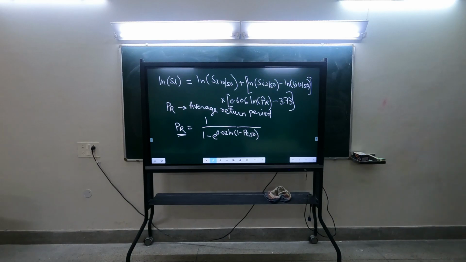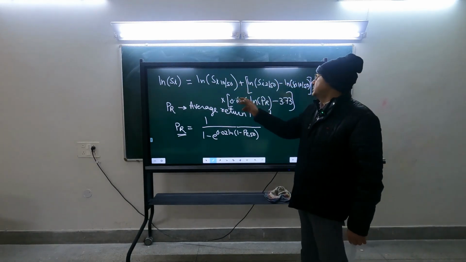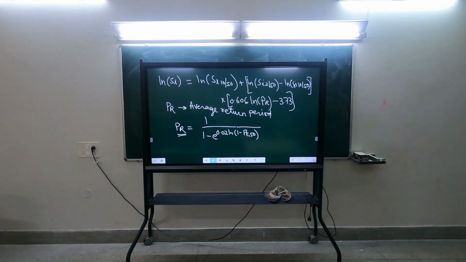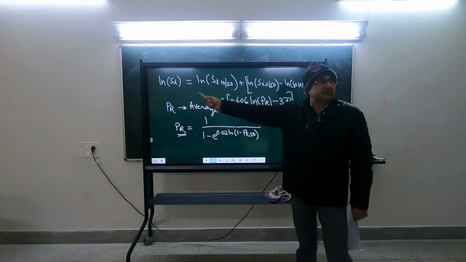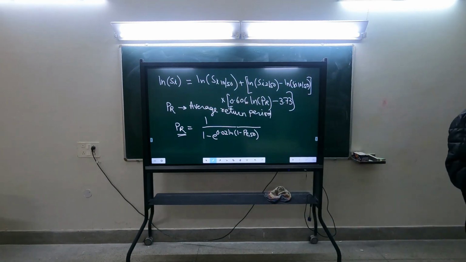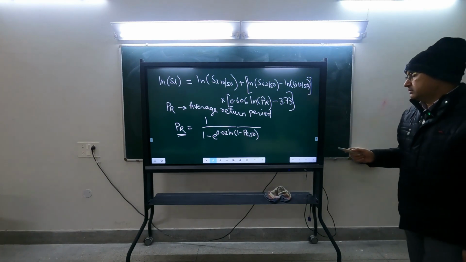You can substitute corresponding to DBE and MCE here and then calculate PR corresponding to 5% in 50 years. So corresponding to 5% in 50 years, what is the value of PR? Sorry, 975 years. So that 975 years you will substitute here, you will get the value there. So naturally 5% in 50 years will be somewhere in between the 10% in 50 years and 2% in 50 years value. Okay, so this is called the hazard curve.